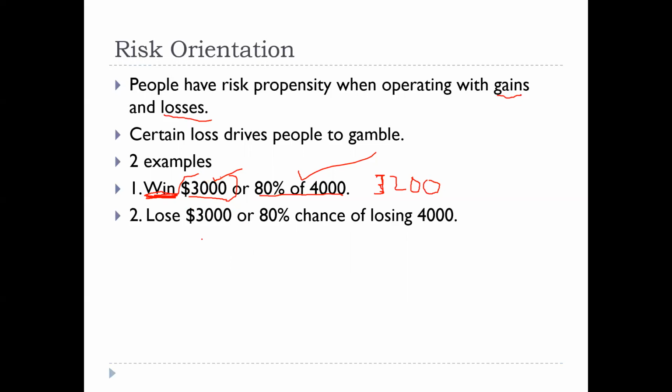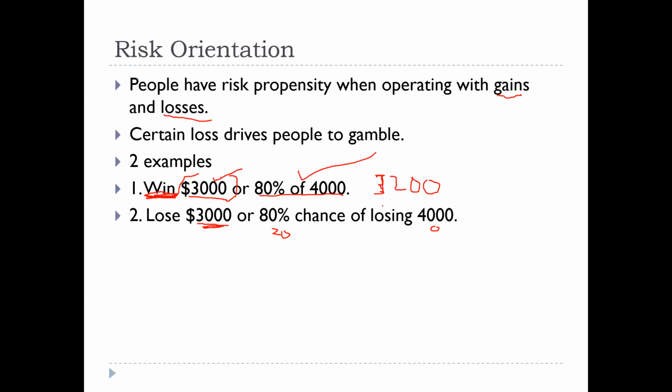Okay. But what happens when I asked you whether you would rather lose $3,000, or take an 80% chance of losing $4,000, meaning that you have some 20% chance of losing zero, right?